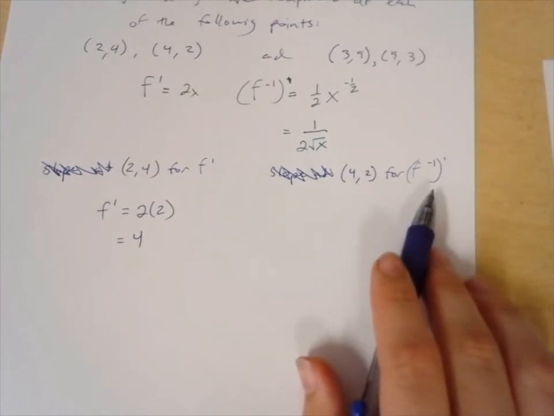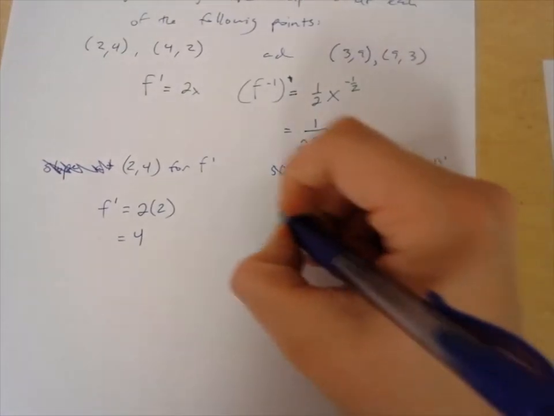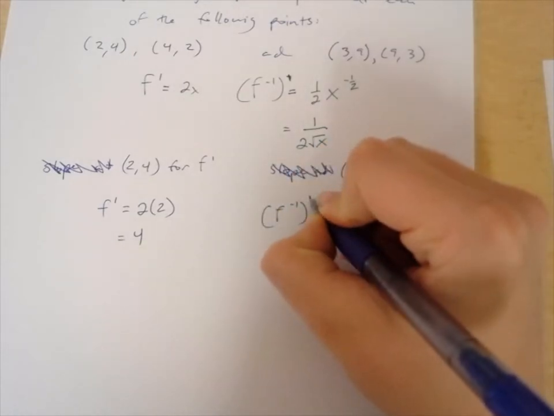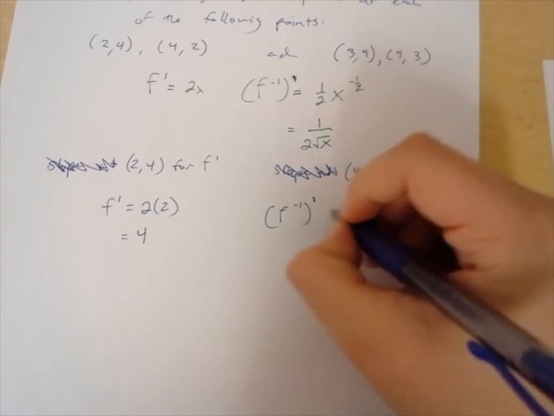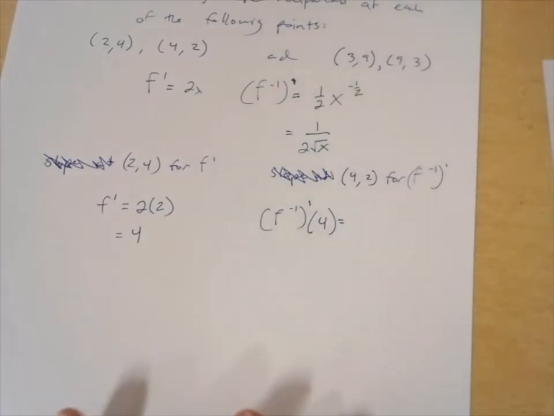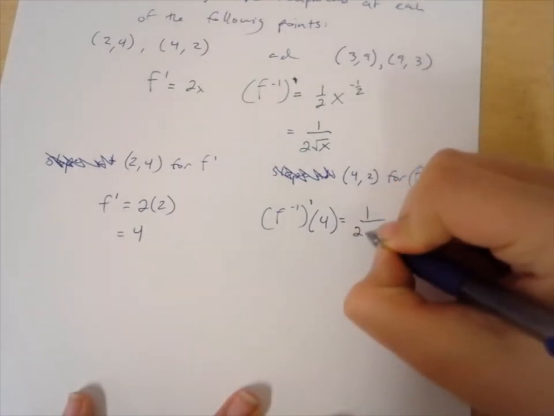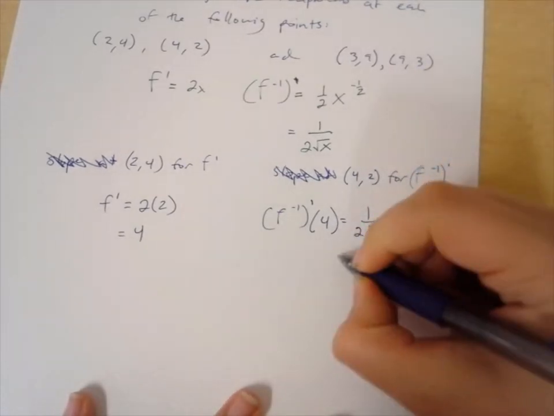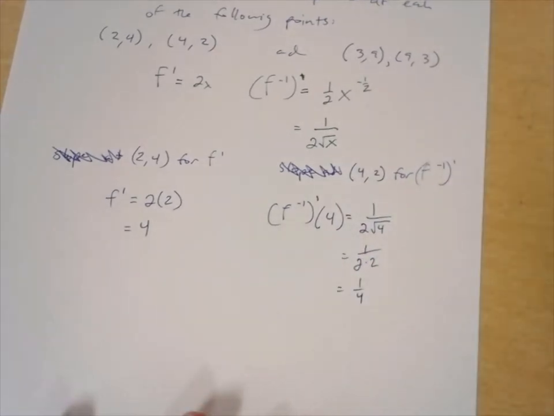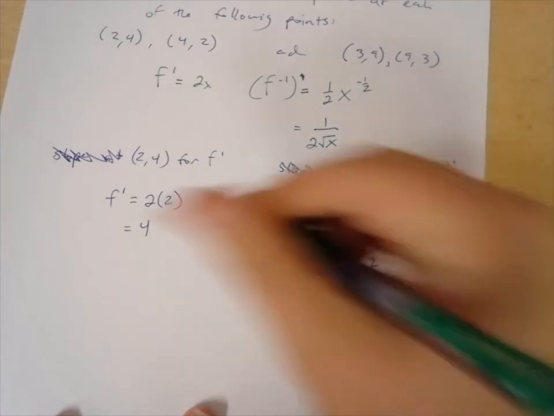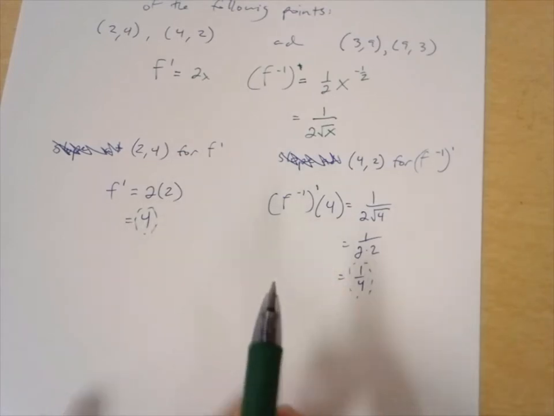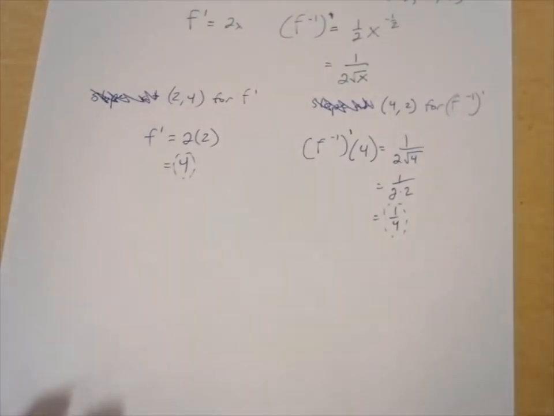Now its corresponding point on the inverse is (4, 2), and so we want to examine f to the negative 1 prime of 4, and when we do that, we get 1 over 2 times the square root of 4, 1 over 2 times 2, 1 over 4. And we can see that, in fact, 1/4 and 4 are reciprocals. They do what they're supposed to do.